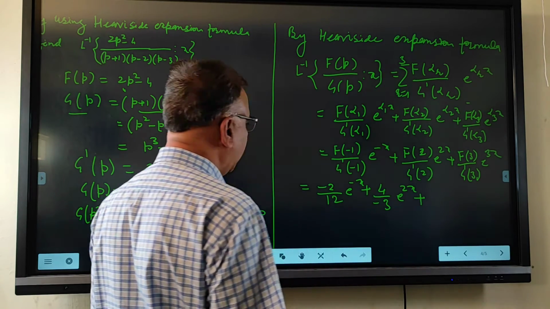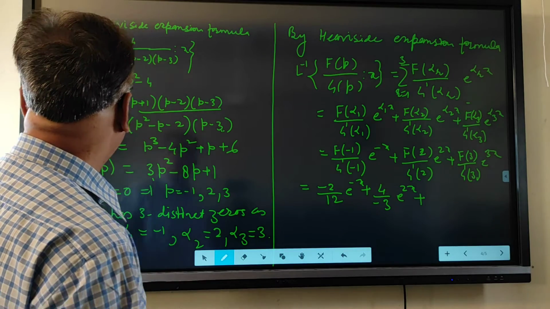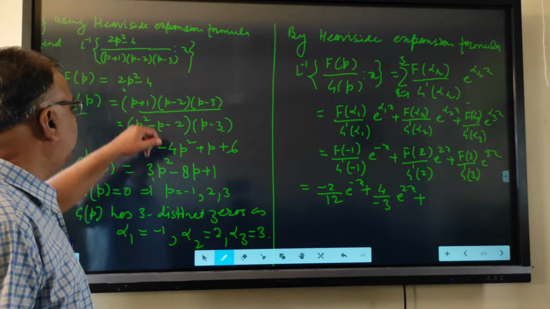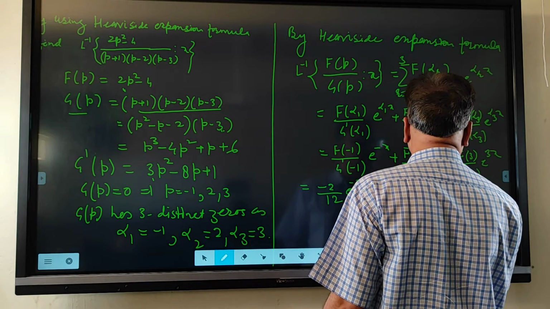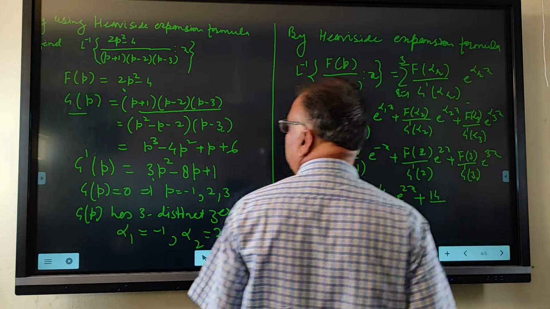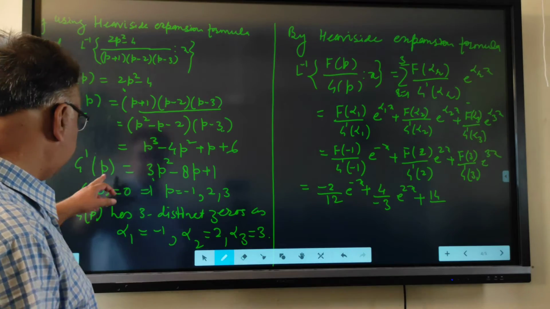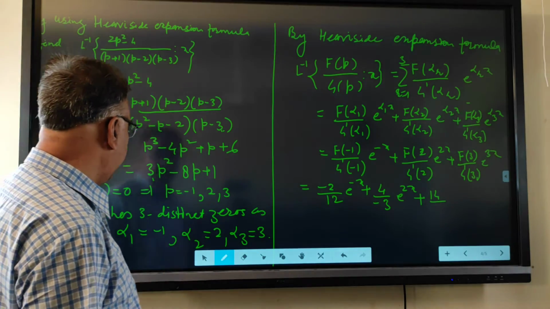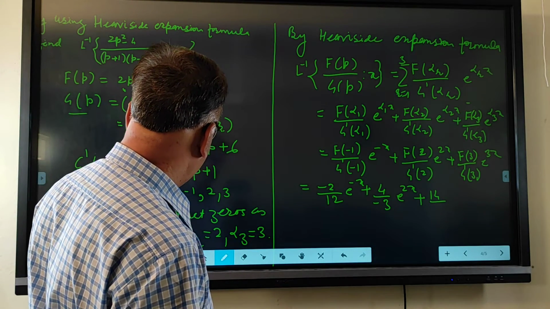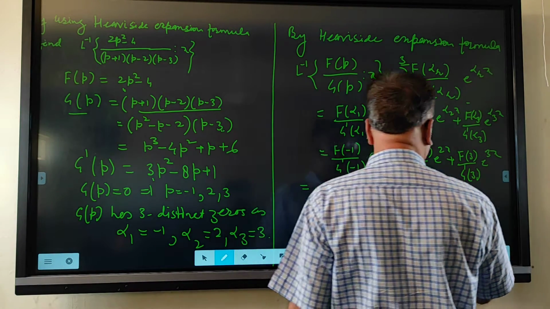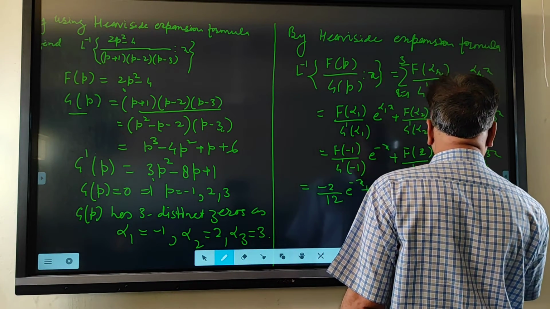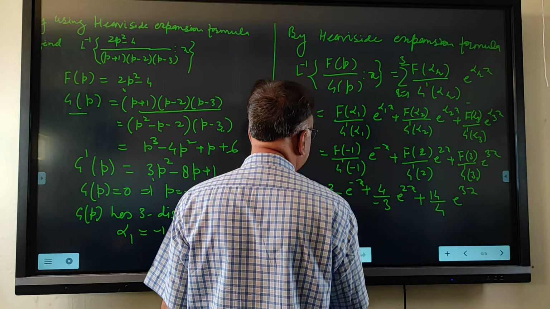Plus F(3) upon G'(3): F(3) is 18 − 4, that is 14, upon G'(3), which is 27 − 24 + 1, that is 4, e raised to 3x.